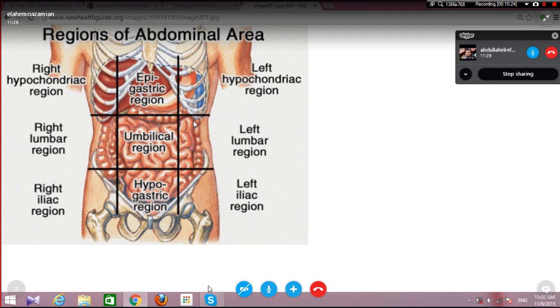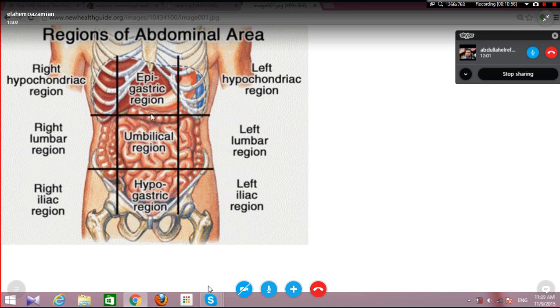What can be the other transverse lines? The other one is the transpyloric line. And how do you draw transpyloric? We consider the manubrium and the pubic symphysis, and between these two is somewhere here.